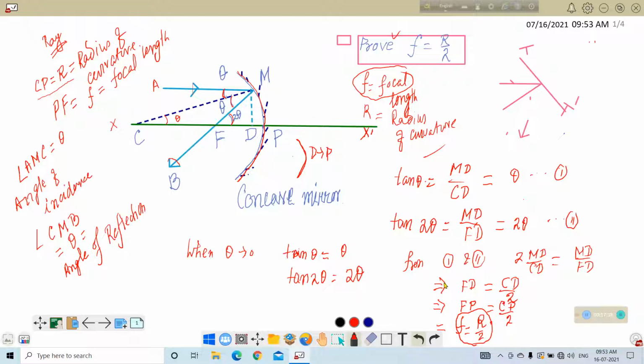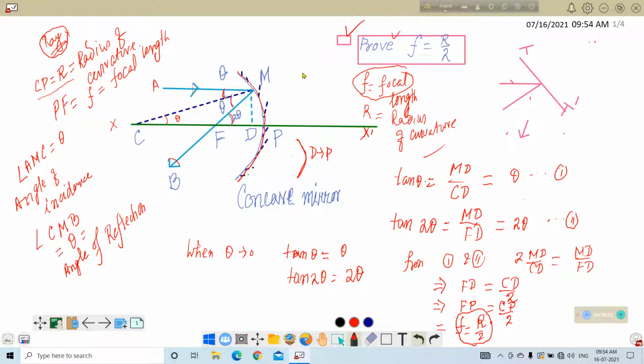So this is the most fundamental proof of mirror equation. Next, we shall prove the mirror equation in the next class. And to prove that, we have to remember this equation.